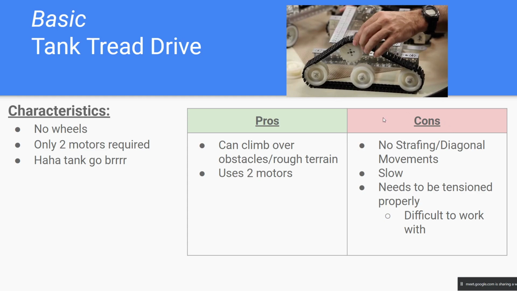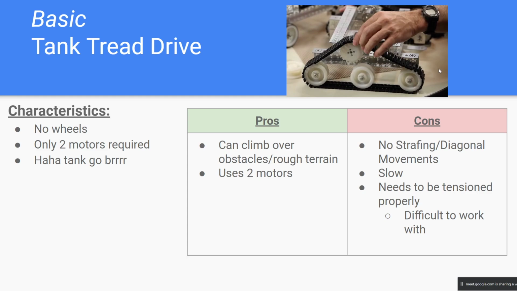The cons to this is it's actually very slow. Simply because you can only use 2 motors for it, and 2 motors is not really the best option because that literally makes you slower. You're not powerful. And you need to tension the tread properly. So that's what these little white spools on the bottom are for, is for tension. If your tread is too loose, that's not good.